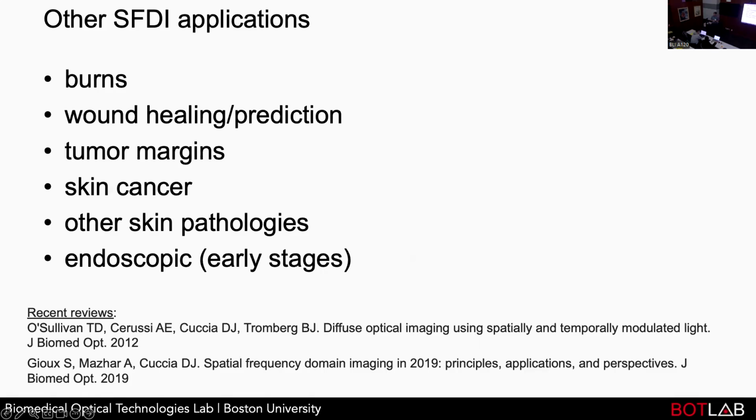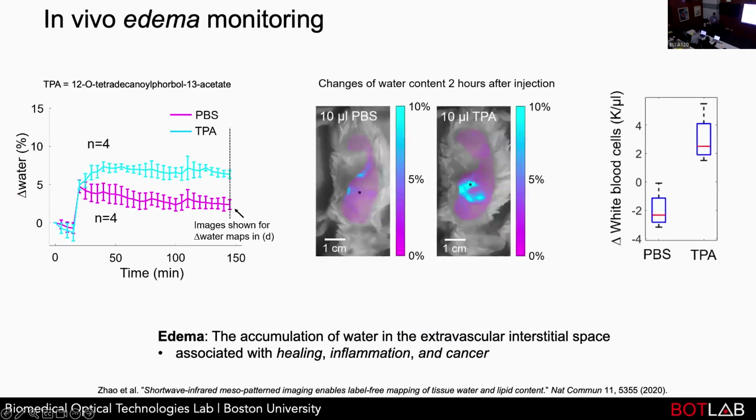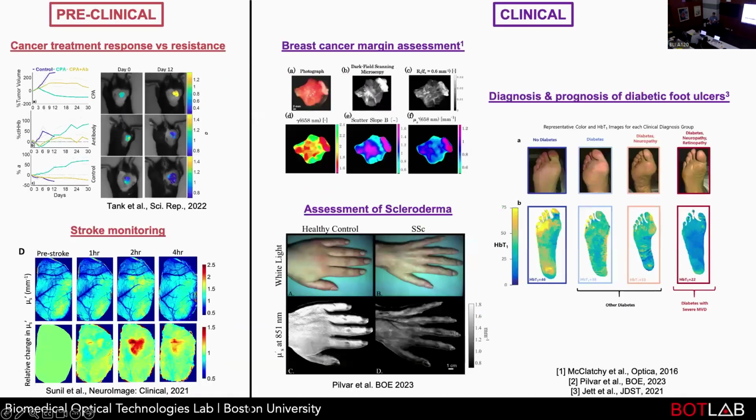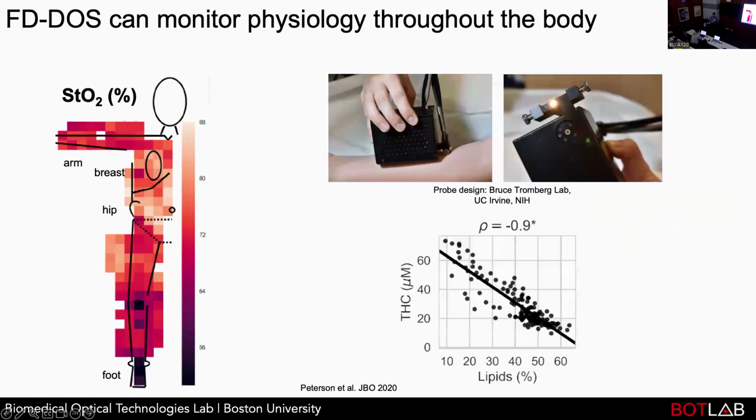Okay. So can you go back to the slide where you showed the, I think it was oxygen saturation at different locations of the body, like the arm, breast? There, yeah. What was the position of the patient when doing the measurements? Was the patient standing, sitting, lying on their back? We took this measurement maybe 6 years ago.